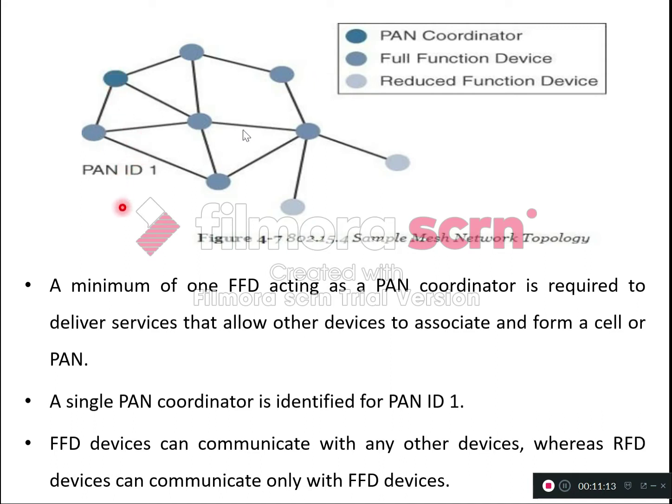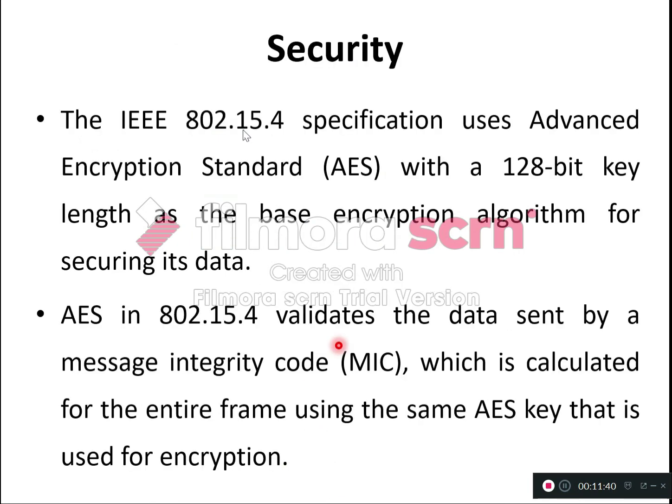Any new device which would like to join this network should use PAN ID 1. A single PAN coordinator is identified for PAN ID 1. So for any PAN ID, there will be only one single PAN coordinator. FFD devices can communicate with any other devices, whereas RFD devices can communicate only with the FFD devices. This I have told you.